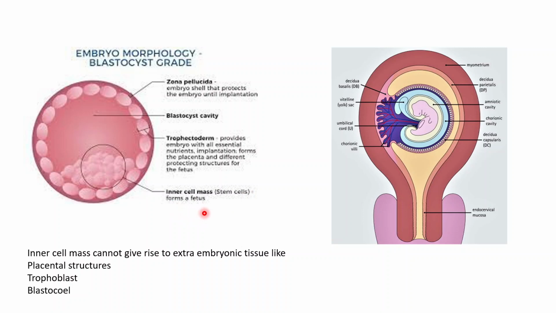You had yourself written that the zona pellucida is the embryo shell that protects the embryo until implantation. Yes, I was thinking the other way around. If the zona pellucida is not ruptured, can it implant?